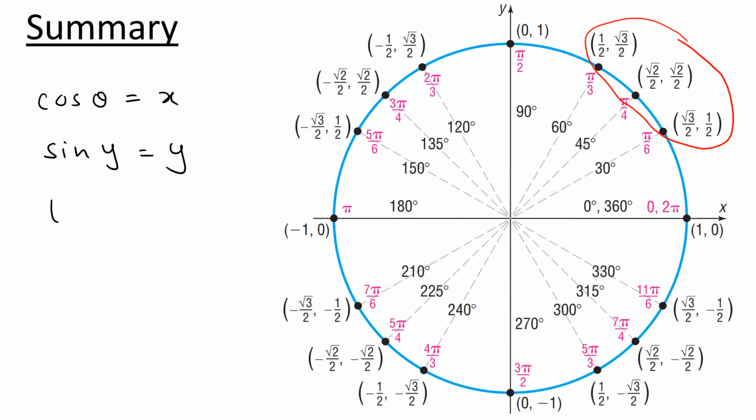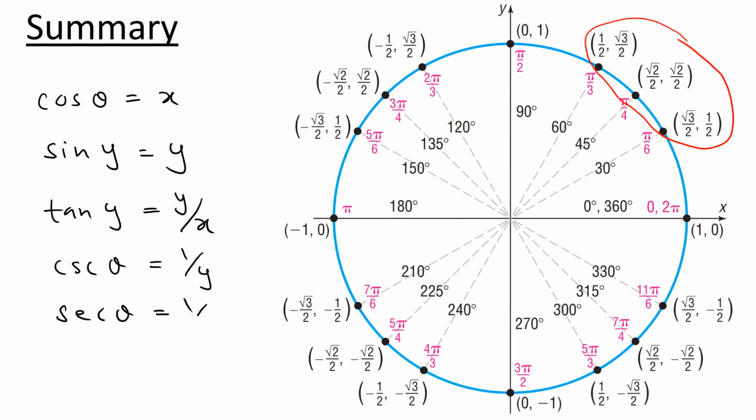If it is the tangent, it is y over x. And the reciprocals: cosecant theta is 1 over y, secant theta is 1 over x, and cotangent theta is x over y. So we just use the x and y coordinates to find all those values.